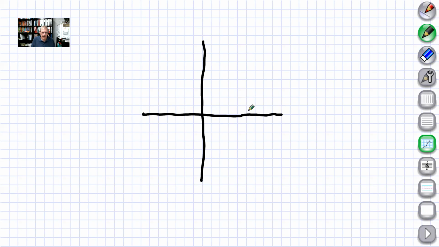Okay, so when we have this drawing here, this angle right here is 0 degrees. If it's straight up and down, of course, it's 90 degrees. If it goes this way, it's 180 degrees, 270 degrees, and then it goes back.